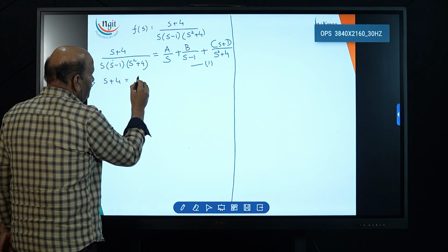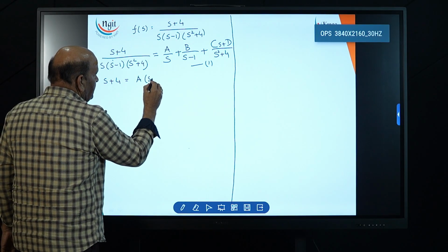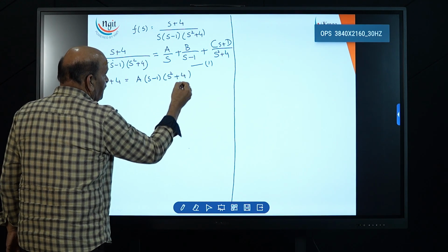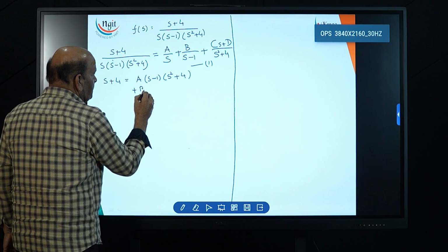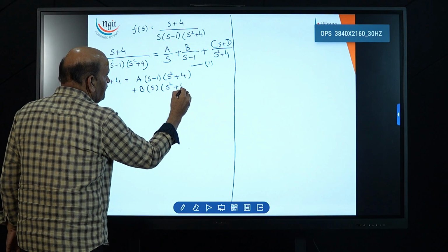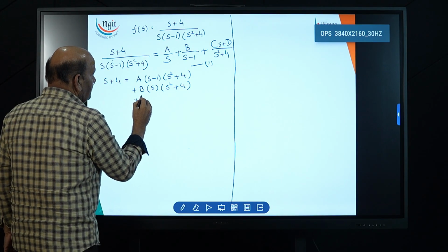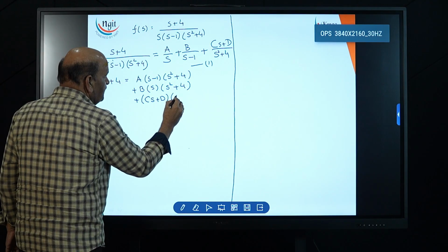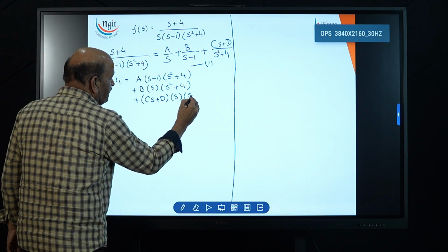So what you get is a into (s minus 1) into (s square plus 4), plus b into s into (s square plus 4), plus (cs plus d) into s into (s minus 1).